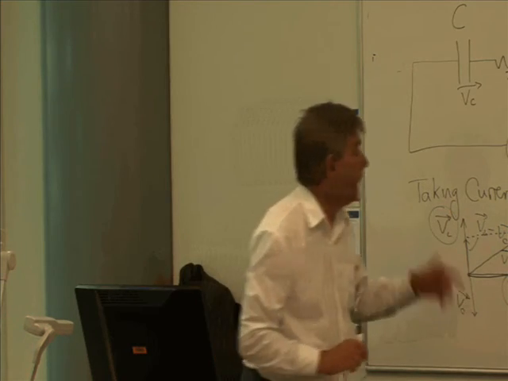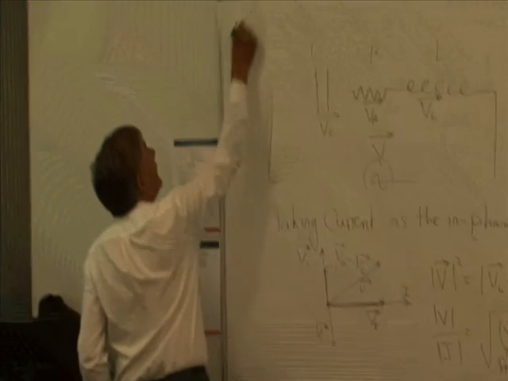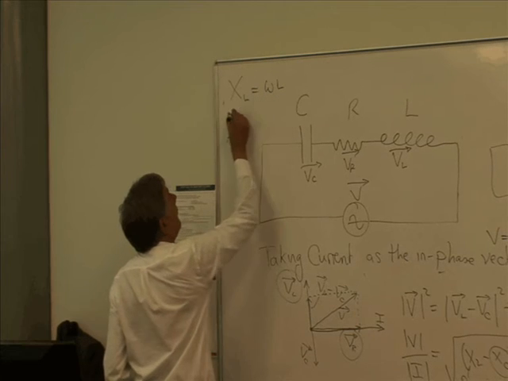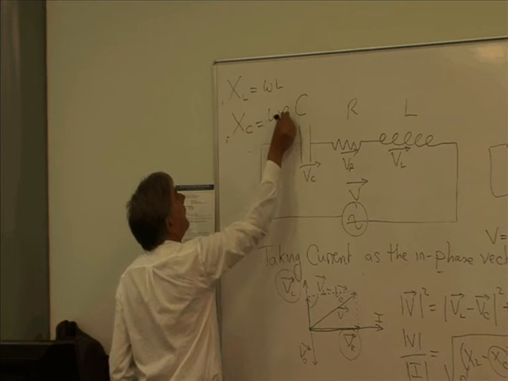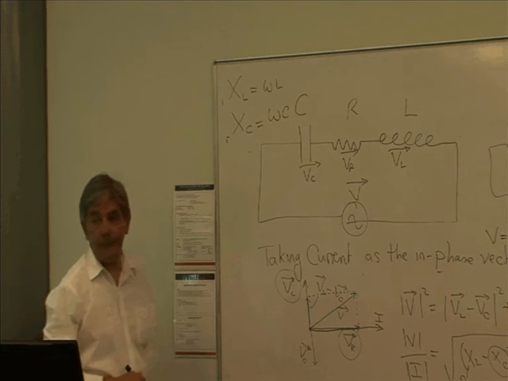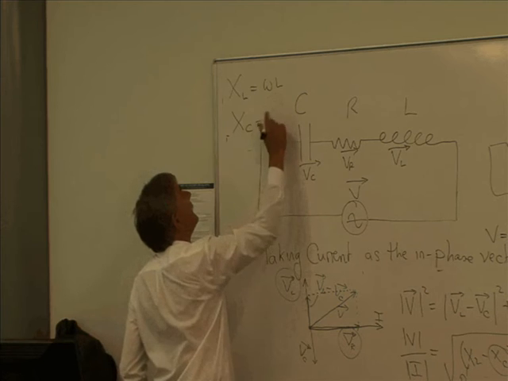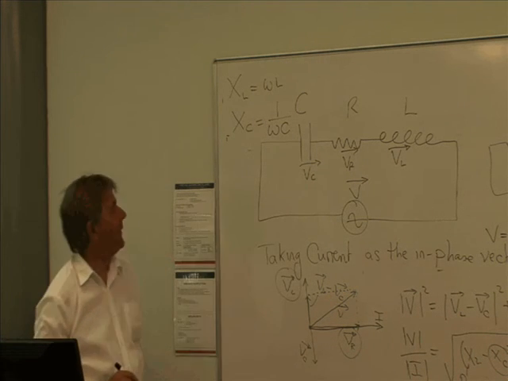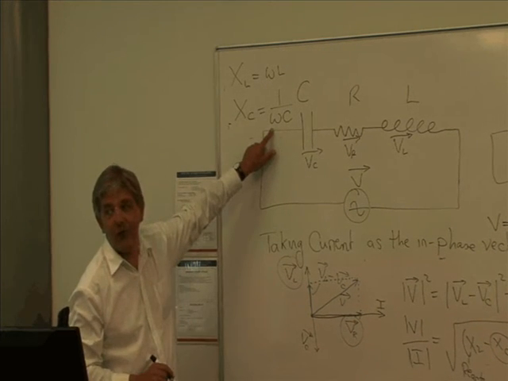So, to cut a long story short, the reactance XL equals omega L. And XC does not equal omega C. XC is 1 over omega C. That's the big difference between them. Here omega's on the top line and here omega's on the bottom line.